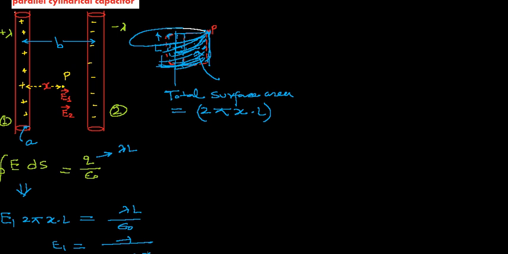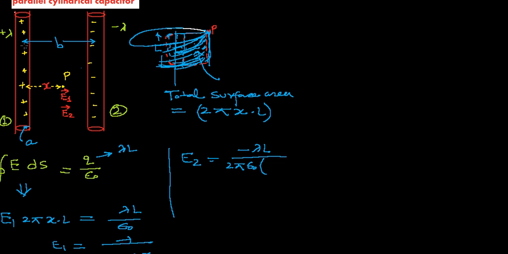Similarly E2. What would be the value of E2? Here E2 will be equal to minus lambda divided by 2 pi epsilon naught. What about this distance? This distance means the distance of P from cylinder 2.